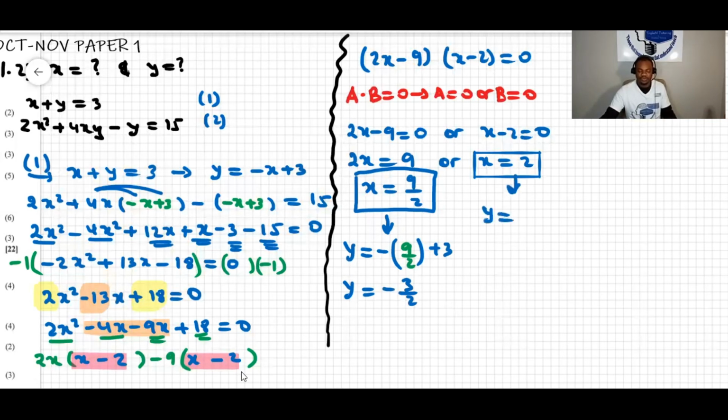And then y will be equal to, I sub in the value of x plus 3. Okay, x is equal to 2, and then that means y equal to 5. So when x is equal to 2, then y will be equal to 5.